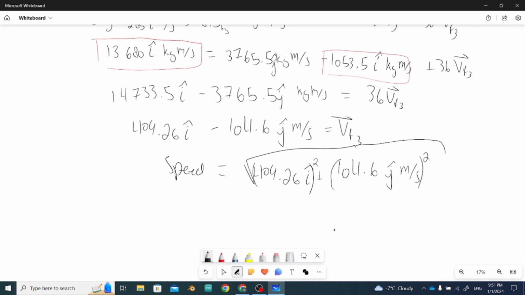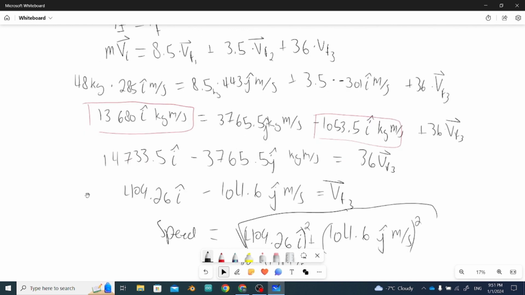So let's do that calculation. And that gives us 422.42 meters per second.